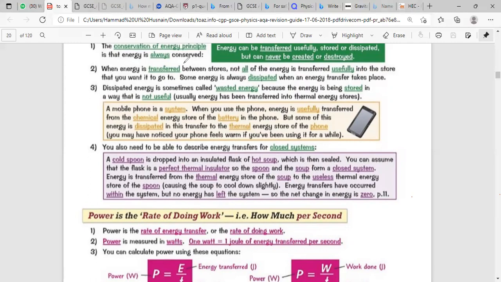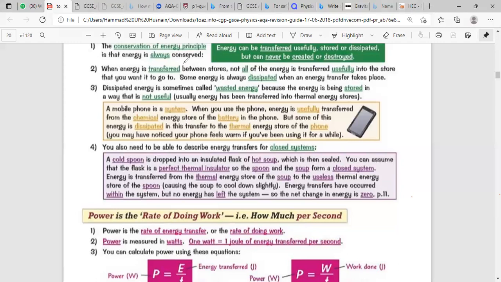A closed system is one in which energy can neither be taken out, nor can we provide energy to that system. Are you getting my point? So this is what a closed system means. We have discussed it in the last class as well, that a closed system is one to which we don't provide heat, and from which we don't take heat out. It is a closed system, so the energy of that system is not changing.